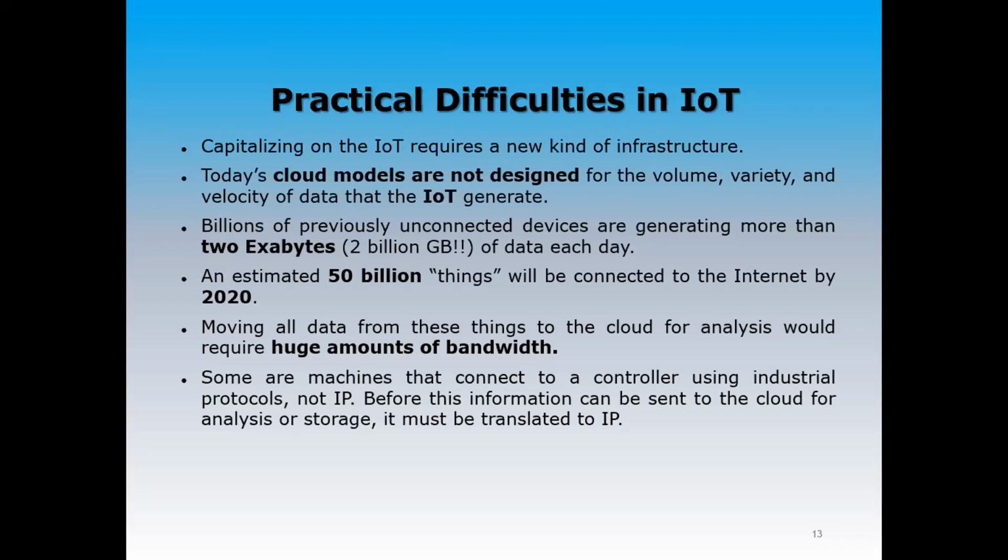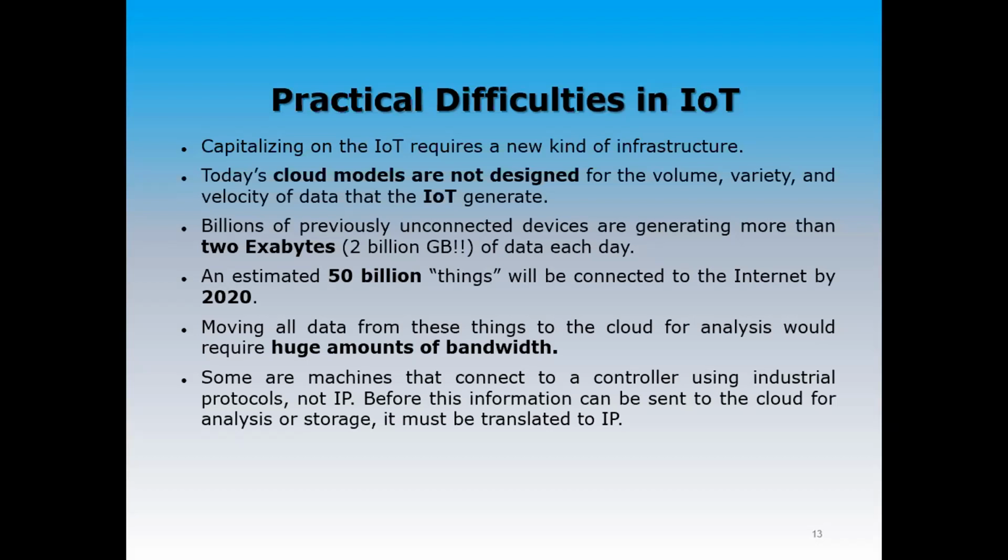That will result in a huge amount of bandwidth consumption, because you are not the only one sending it. There will be lots of data using bandwidth to be sent to the internet, to the cloud. So bandwidth is a very big constraint for IoT, particularly when the data is sent over the internet to the cloud for big level analysis.